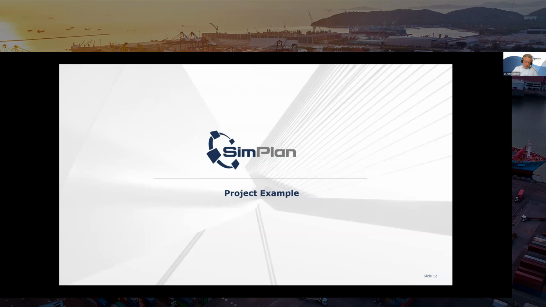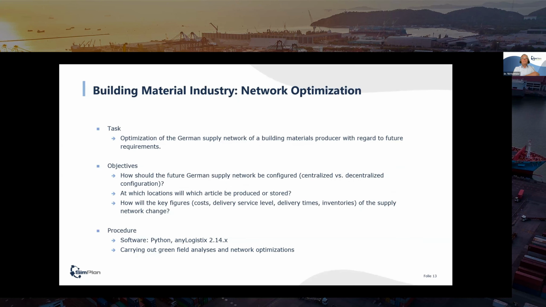Okay, let's go on to the project example. I already mentioned that it is a network optimization in the building material industry. The task was to optimize the German supply network of the producer with regard to future requirements.